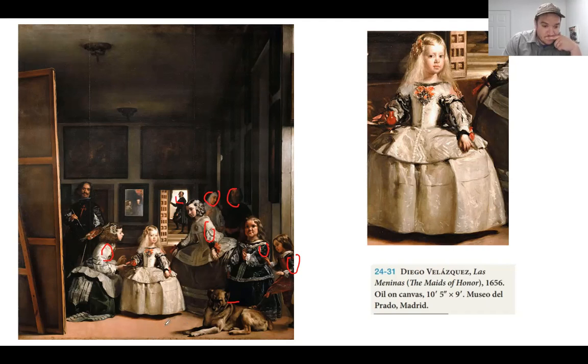But then we see these two figures reflected in this mirror here. And we're like, well, what? What's going on? Are they standing where the viewer of this actual painting is, and Velázquez is painting a portrait of these two people who are actually the king and queen?